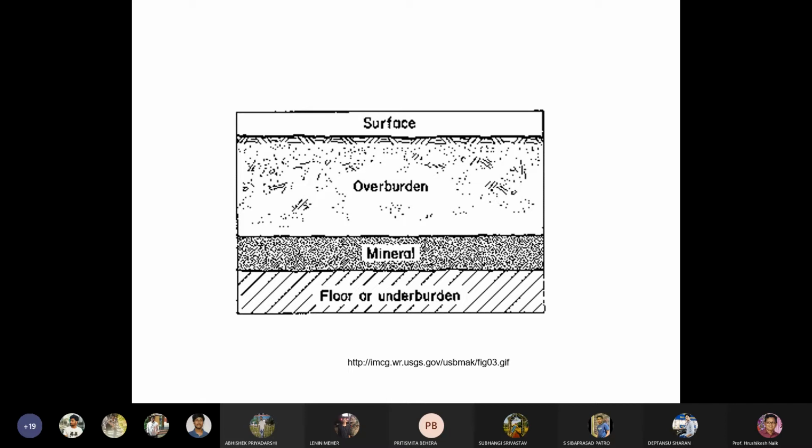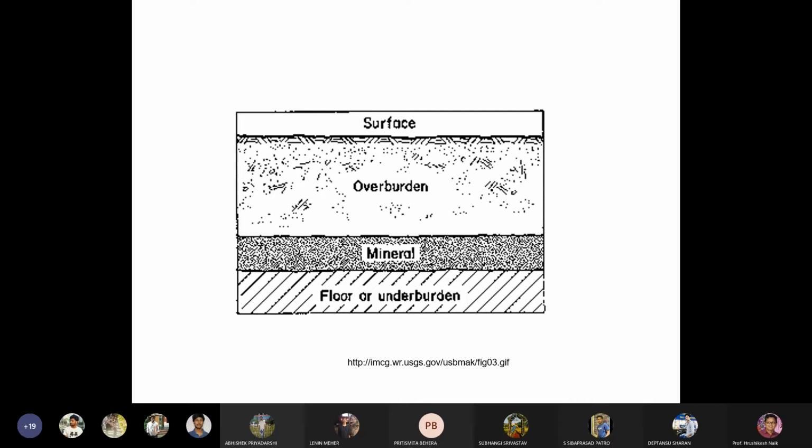So above the mineral deposit, you are having the overburden material, waste material, rock material, soil material, subsoil material, and this is the surface where the vegetation may grow.